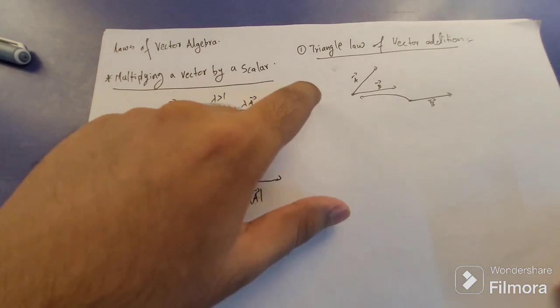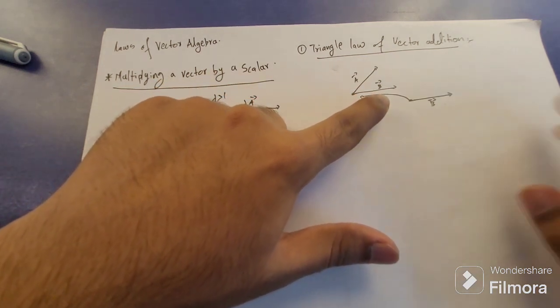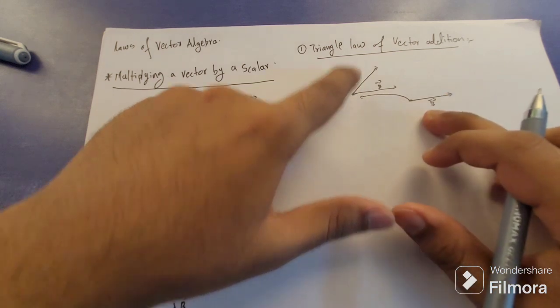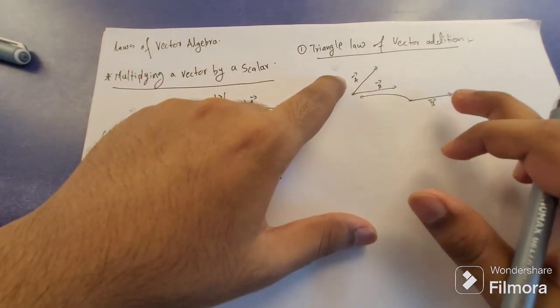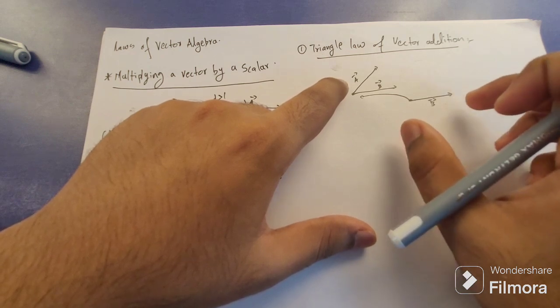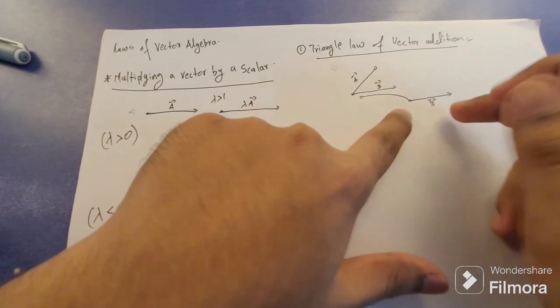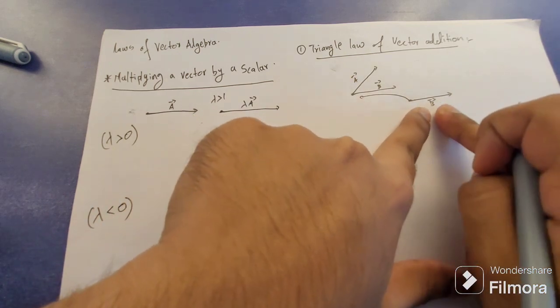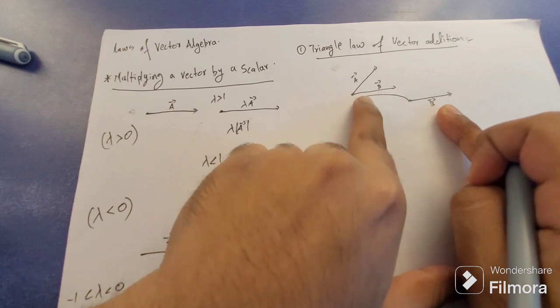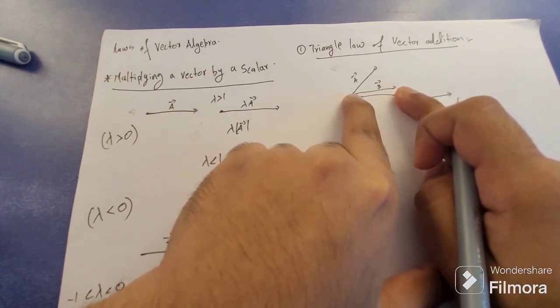So if I'm given any two arbitrary vectors, let's say vector A and B in space, then in order to apply the triangle of vector addition, we first need to parallel shift any one of the vectors so as to join it to the other vector. Let's say vector B was lying over here and I parallel shifted it to its new position so that the tail of vector A and B coincide.